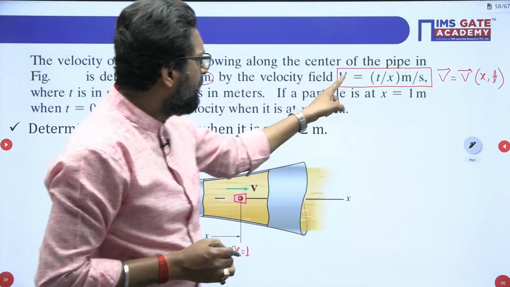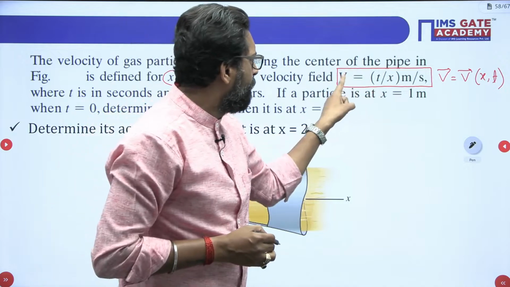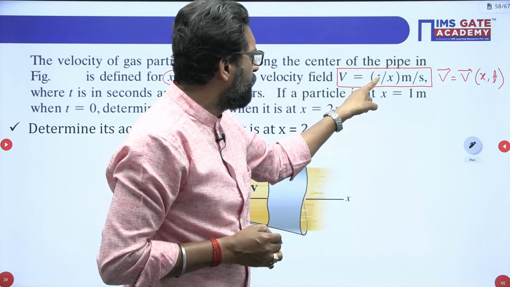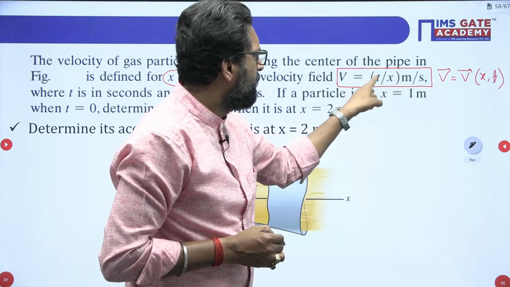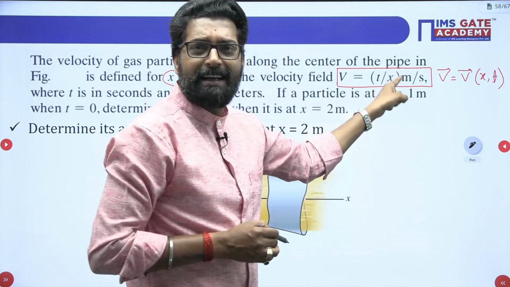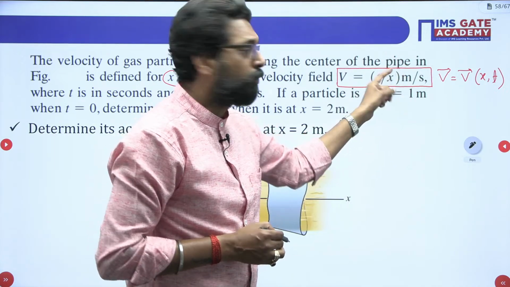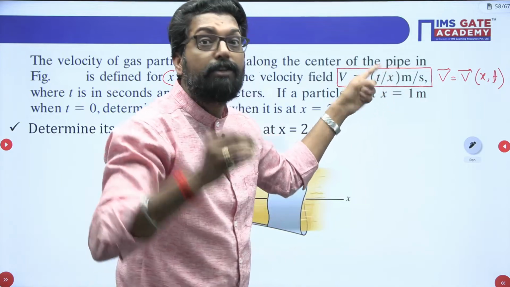Now, if you think that the unit of velocity is meter per second, but here it is meter, you may think this is some mistake. No, it is not a mistake.